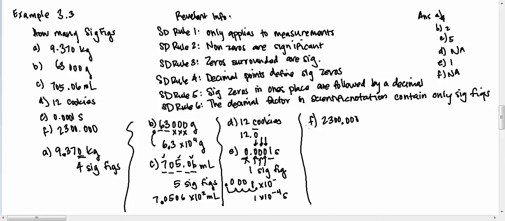I don't know if this is 2300 light years, 2300 hairs, 2300 feet, or 2300 seconds. So I can't tell you if this has significant figures or not because I don't know if it's a measurement. So I would say NA, or not applicable, or there's no significant figure digits that apply to a pure number.